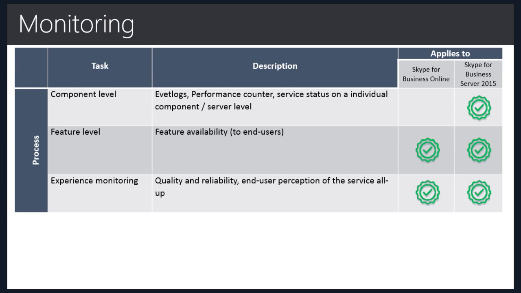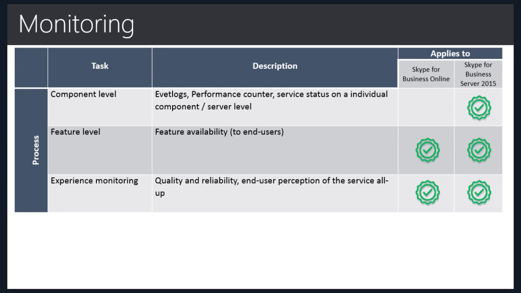That's making sure that the event logs are fine, that the performance counters are within healthy range, that the service status on an individual component or server is healthy. That is obviously something in Office 365 that we will perform for you. But in the on-premises environment, that is something that you need to be aware of and perform to make sure that your server, the individual component, is healthy.